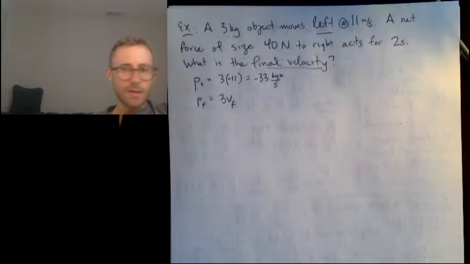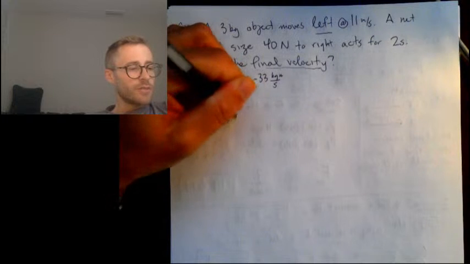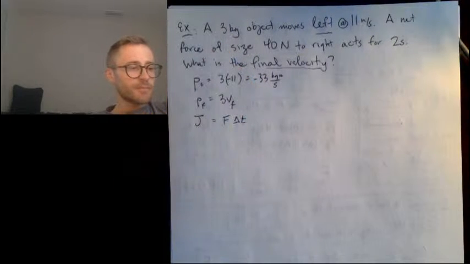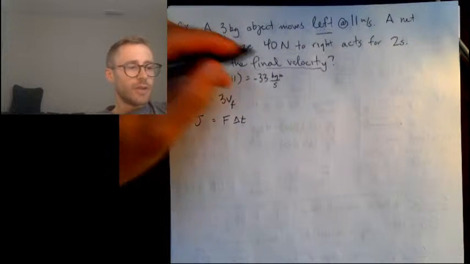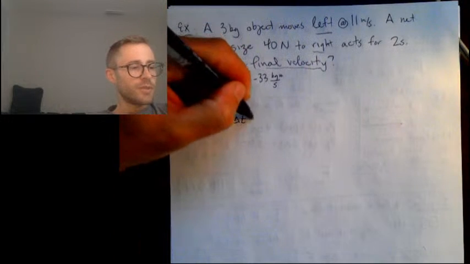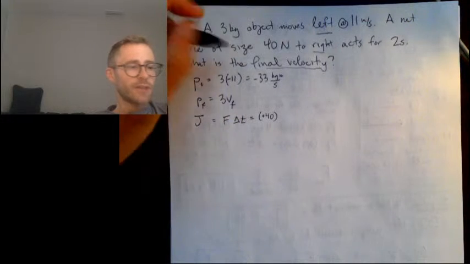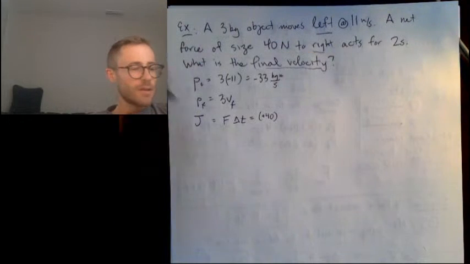All right. The impulse is force times delta t. We have a 40 Newton force to the right, so that's a plus 40 force, and it acts for 2 seconds.